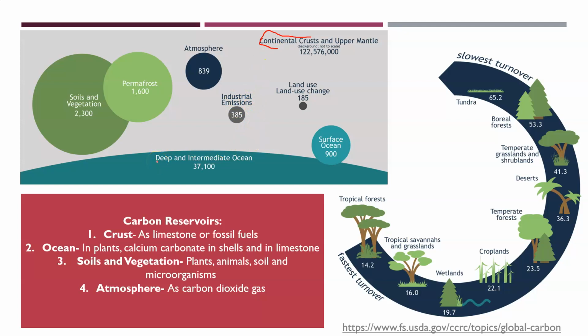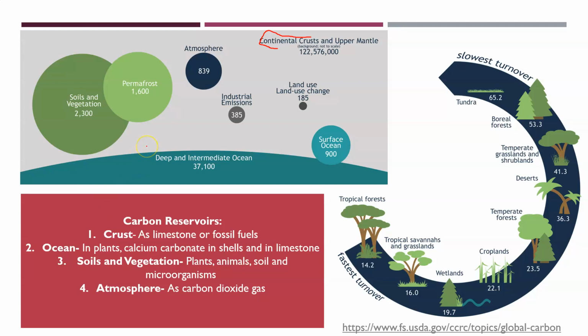That carbon can be found in plants, in the calcium carbonate in the shells and the limestone. After that, we store carbon in the soils and vegetation, so in the bodies of plants and animals, in the soil, microorganisms, and last, the smallest reservoir is the atmosphere, as carbon dioxide gas.